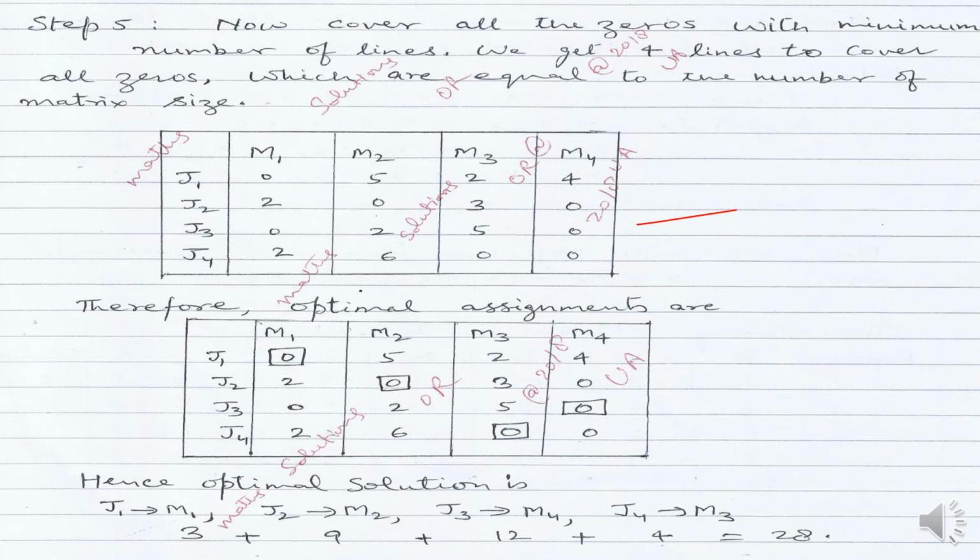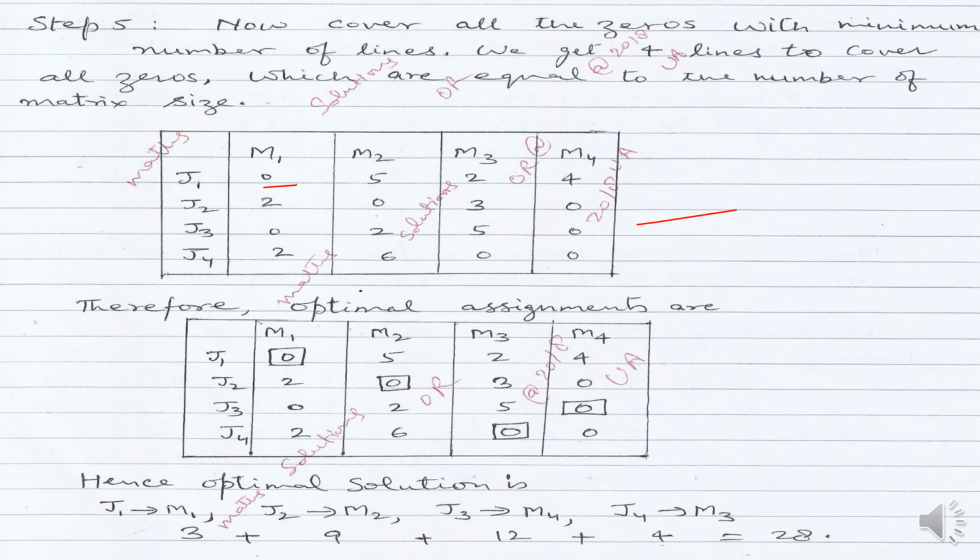Now cover all zeros with the minimum number of lines. We get 4 lines to cover all 0s, which is equal to the matrix size. So we now assign J1 to M1 and J2.